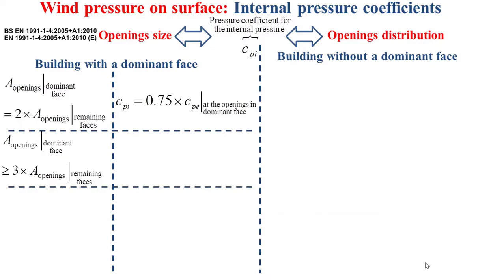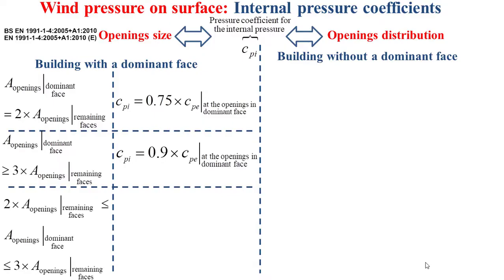If the area of openings in the dominant phase is higher than 3 times the area of openings in the remaining phases, the internal pressure coefficient CPI is equal to 0.9 multiplied by the external pressure coefficient CPE evaluated in the pressure zone containing the openings in the dominant phase. And when the area of openings in the dominant phase is between 2 times and 3 times the area of openings in the remaining phases, a linear interpolation should be used.